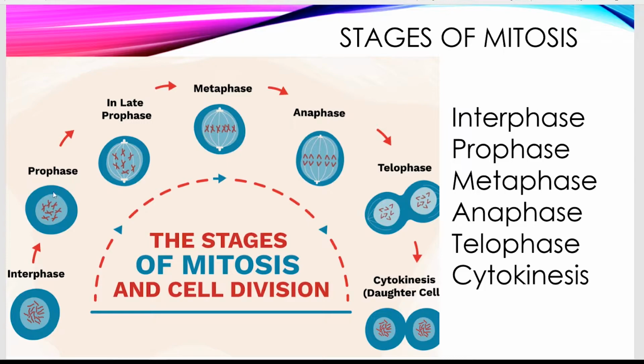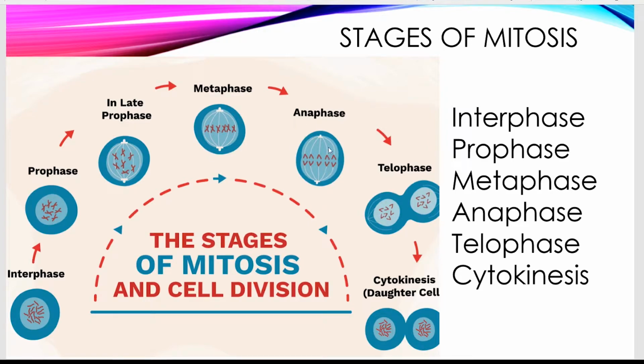Prophase is where all of the genetic material starts to combine together so it can be pulled apart properly. Then there's late prophase where it lines up and gets attached to these things called spindles, which are the white things, which is what helps pull it apart. Metaphase, it lines up in the middle of the cell, and it doesn't perfectly line up like this every time, but it will line up semi-close to the middle of the cell.